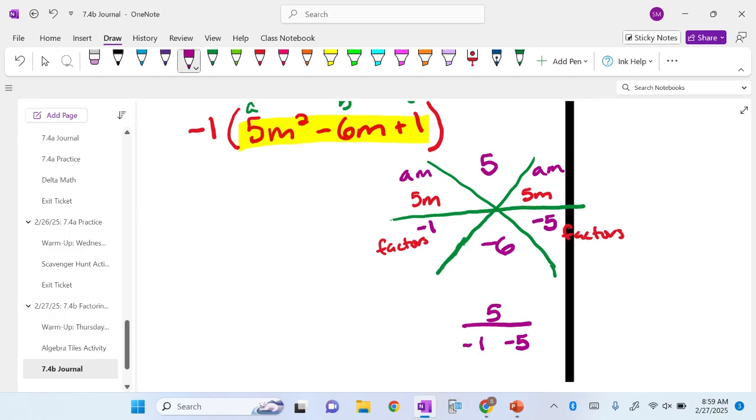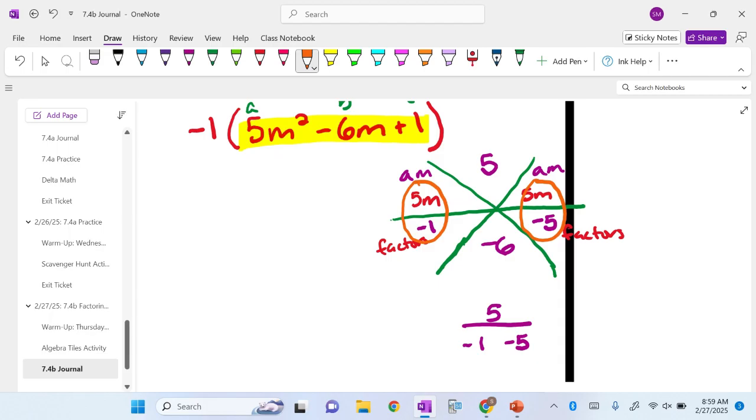Now, here's what you got to do next. These are now fractions. And what do we have to always have with fractions? I always want my fractions simplified. So let me ask you this. 5m over -1, does that simplify anymore? No. What about 5m over -5?